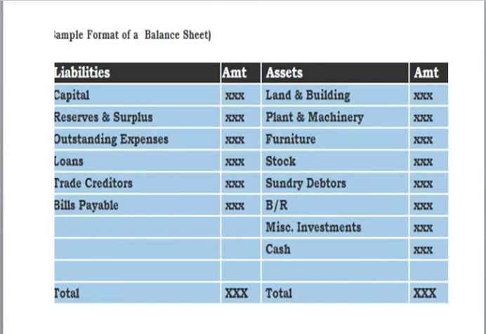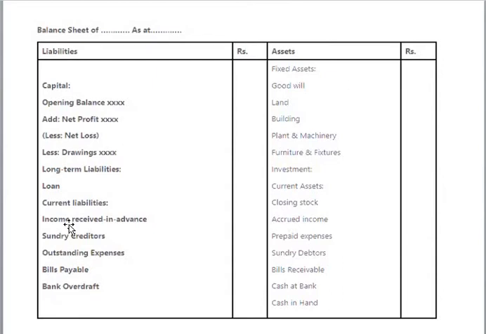Now we have a detailed format. The balance sheet has, on the asset side, fixed assets and current assets. On the liability side we have capital and current liabilities. Fixed assets include goodwill, land and building, plant and machinery, furniture and fixtures, investments, etc. There may also be related adjustments.